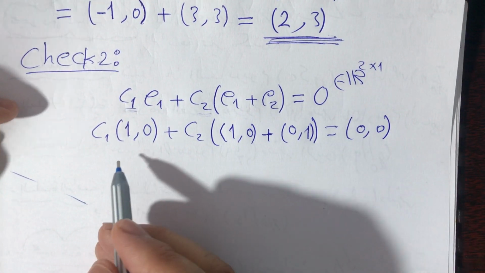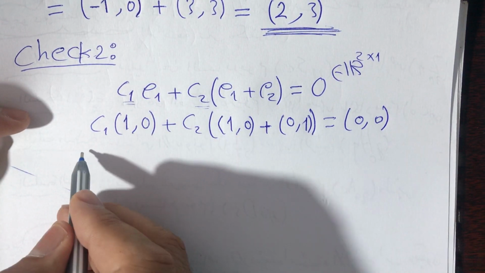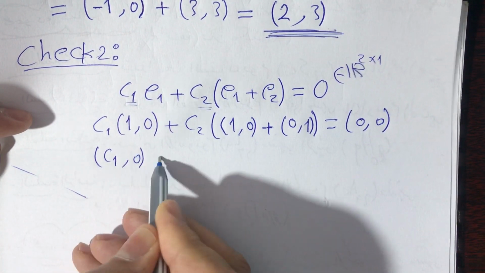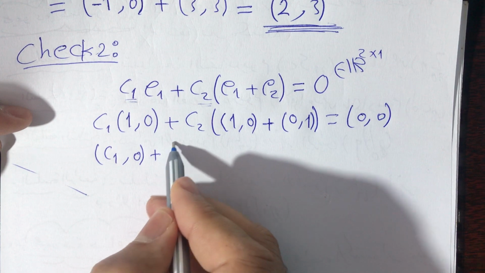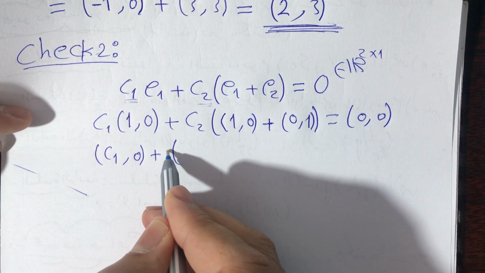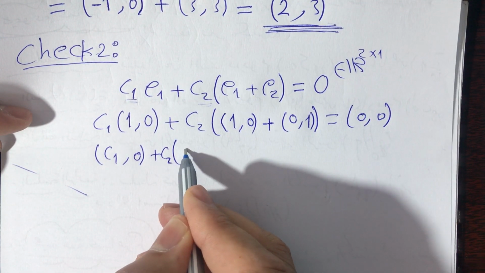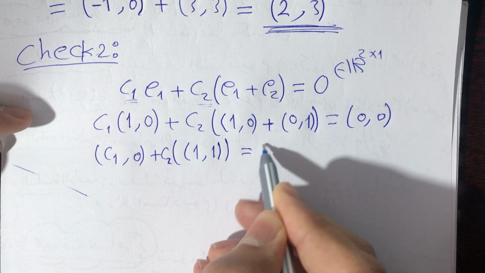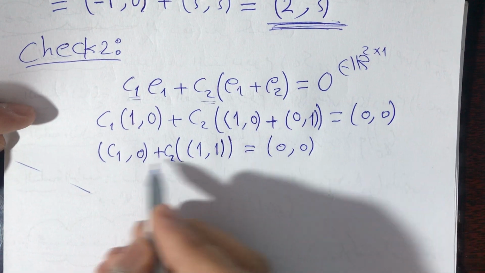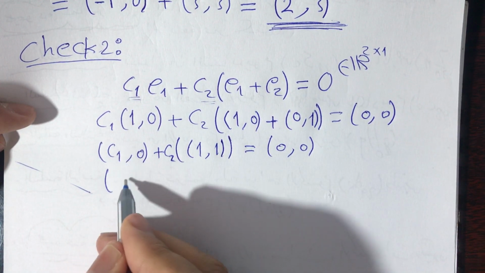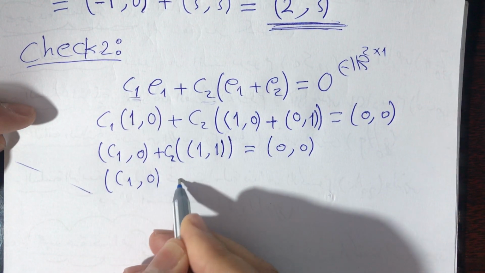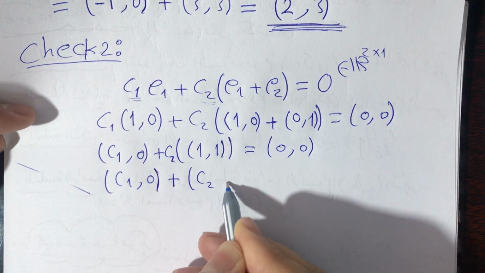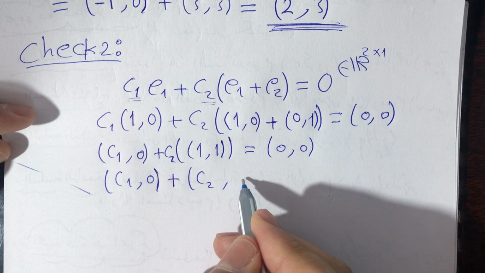Now move C1 here, this will be (C1, 0) plus (0, C2).